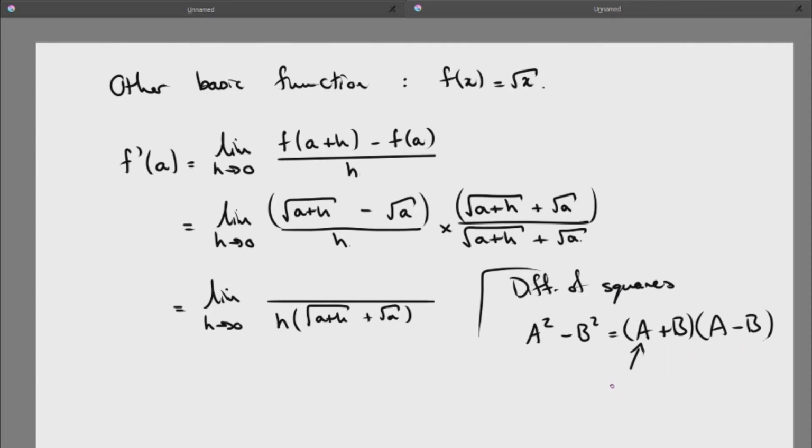The big A is the square root of a plus h. The big B is the square root of a. So now if I go from the brackets to the difference of two squares, it says it's the first one squared minus the second one squared.